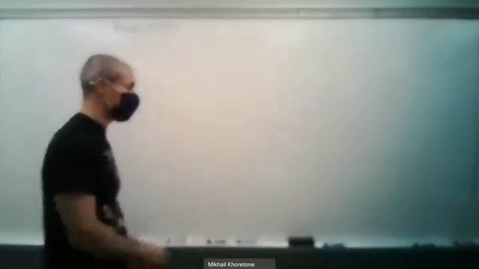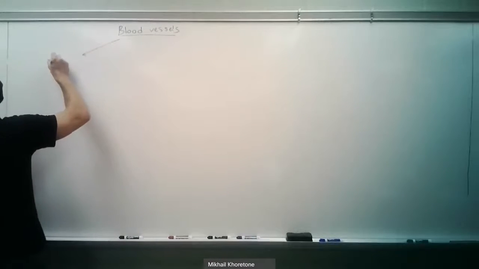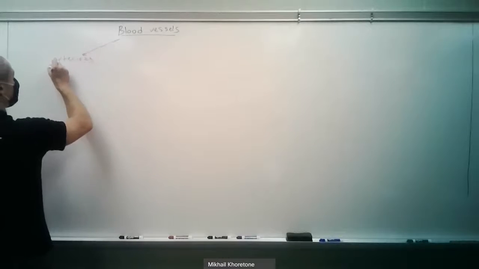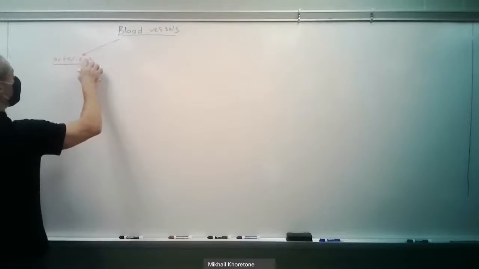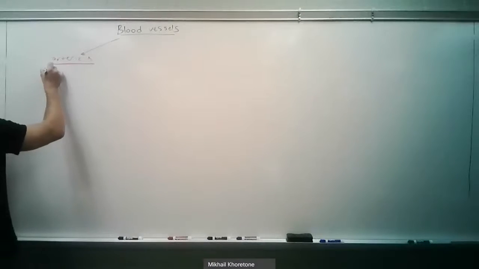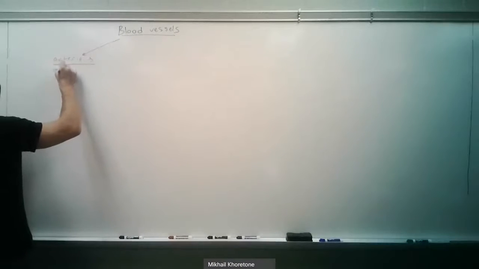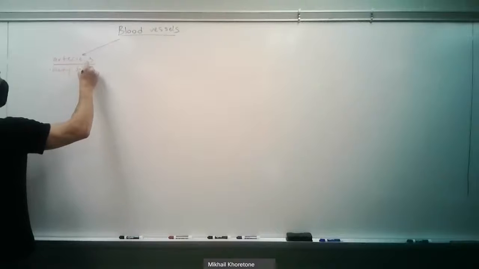So the first set of blood vessels are arteries. The feature of arteries is that they carry blood away from the heart.